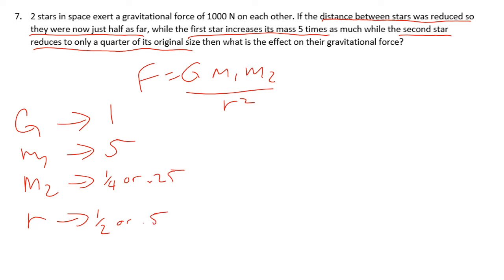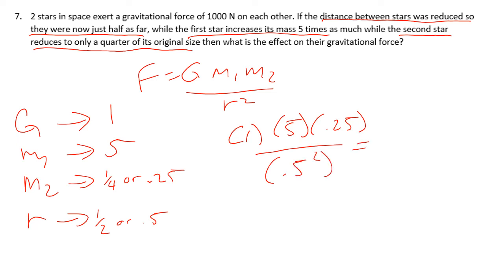Taking all that information and plug it in. G is 1, M1 is 5, M2 is 0.25, putting that all over 0.5 squared. Okay, and what we're going to see there is, I believe that's going to simplify to 1.25 over 0.25.